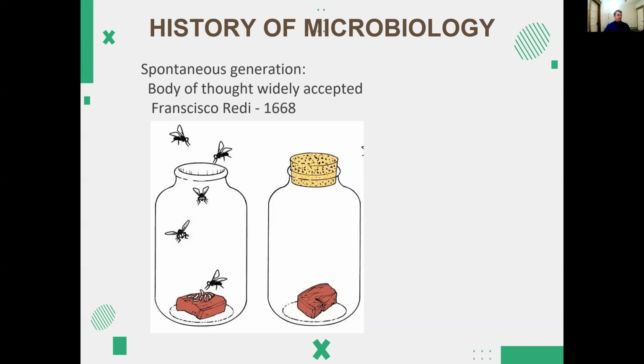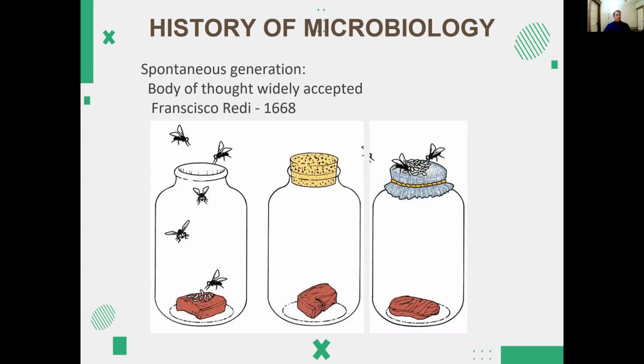So he said, well, okay. He repeated the experiment using a jar with mesh covering, so air could still get in there. So he challenged the idea that the maggots on the meat were spontaneously generating from the meat. And what he found was that the maggots were only on the mesh, not on the meat.